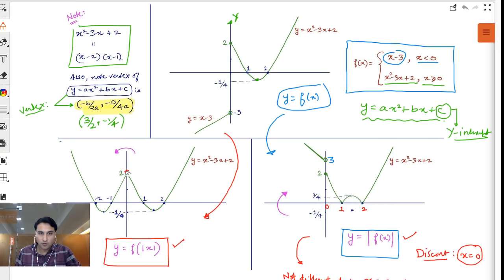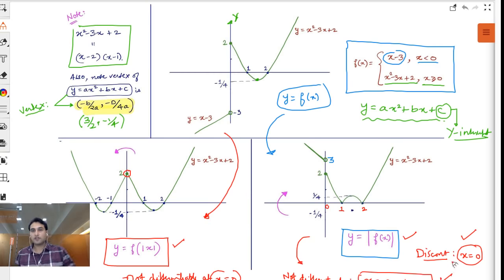I see only one sharp corner. I see not differentiable at x is equal to 0. So what is your answer? Just combine all these. So your net answer is discontinuous at x equal to 0 and not differentiable at 0, 1 and 2. That's your answer.